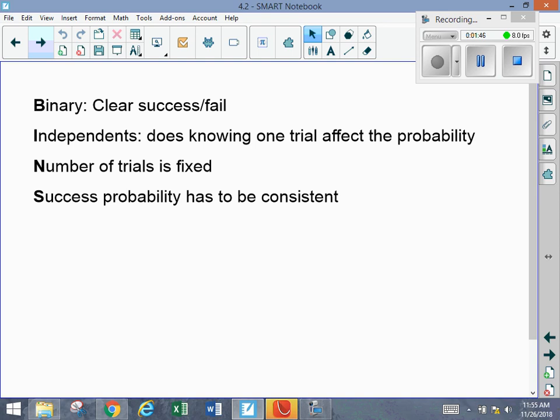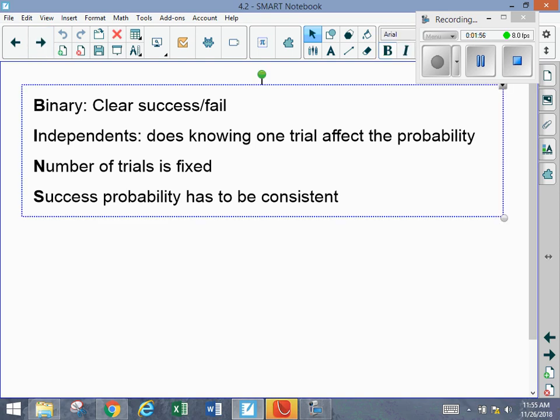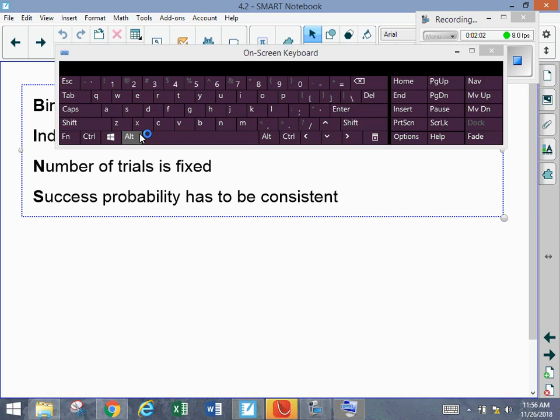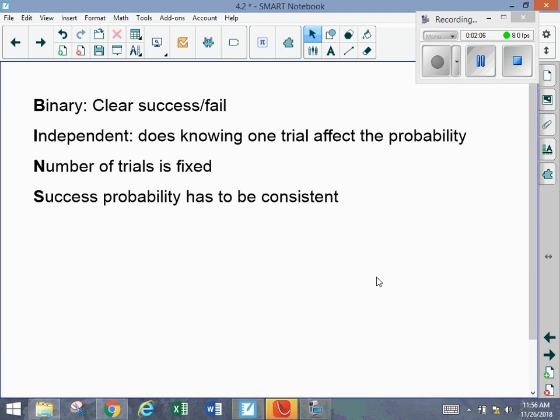I: independent. N: the number of trials is fixed.